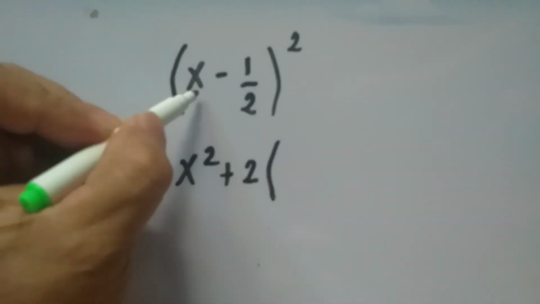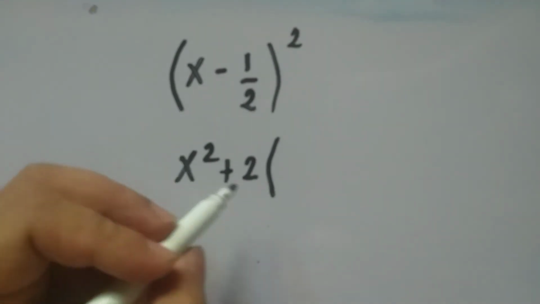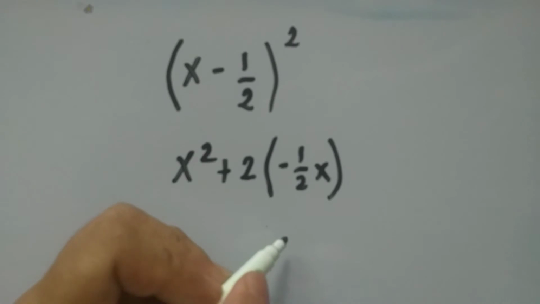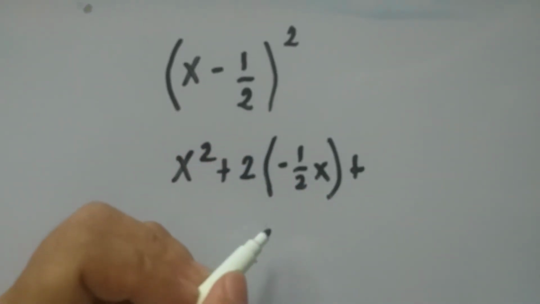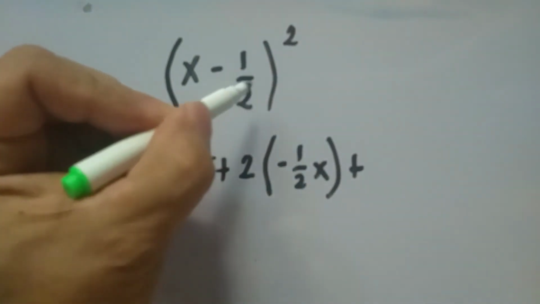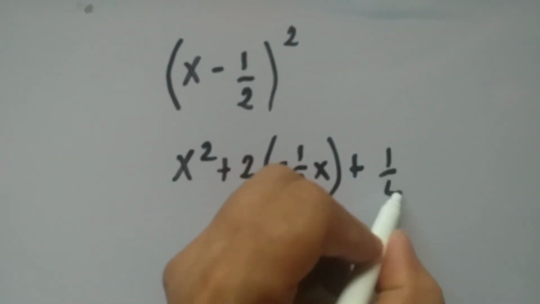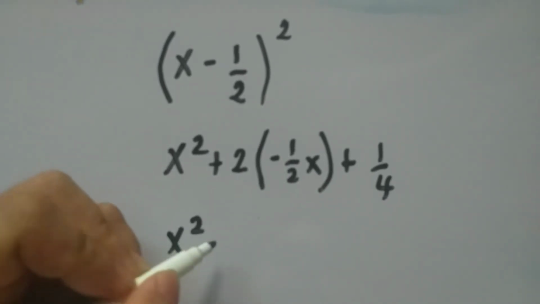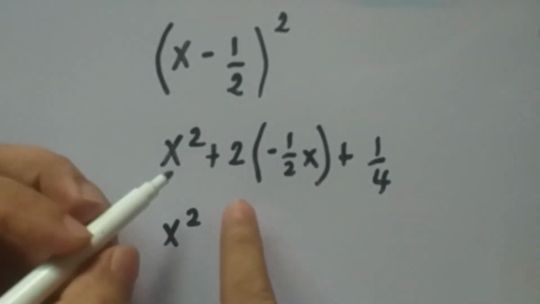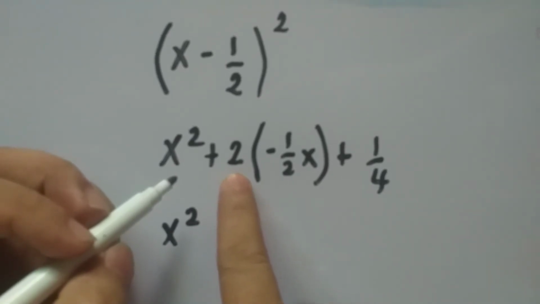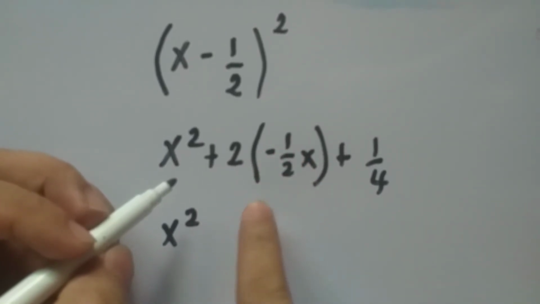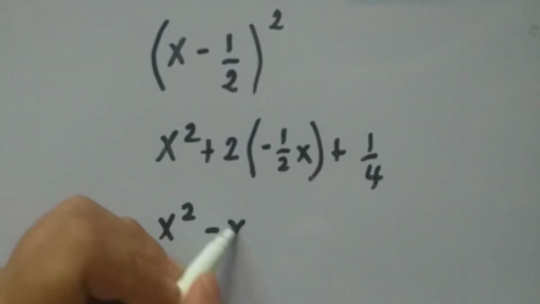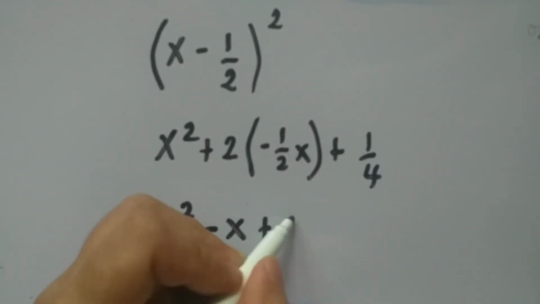So that is x times negative 1/2 is negative 1/2 x, plus the square of the last term. 1/2 squared is 1/4. Simplifying, we have x squared plus, so we have 2 times negative 1/2 is negative 1 x, or simply negative x, plus 1/4.